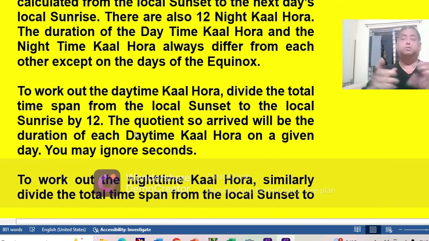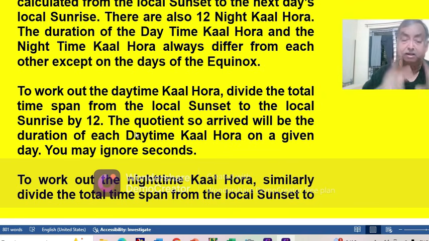To work out the daytime Kaal Hora, divide the total time span from the local sunrise to the local sunset by 12.